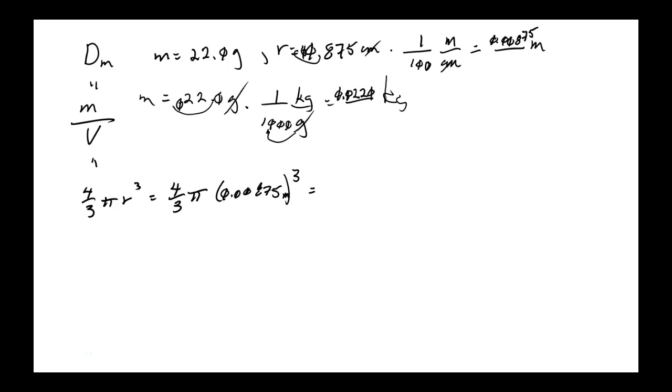It's 0.00875. First I'm going to square it. That's by itself. And then multiply it by itself again. 0.00875. And hit equal. Told you it was a small number, didn't I? Tiny number.